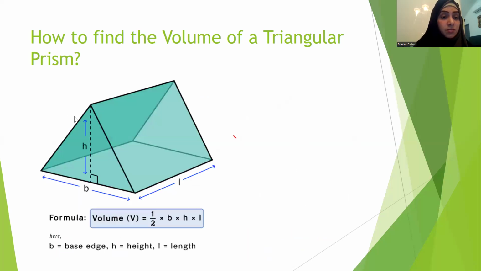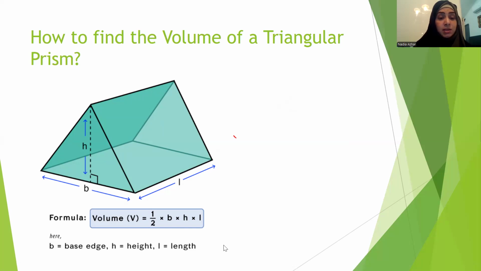Look at this triangular prism. So this is the base, this is the height. You know the formula, half base into height. This is the formula for area. All you need to do is just multiply the length to which this base has extended along into the third dimension with the formula of area.